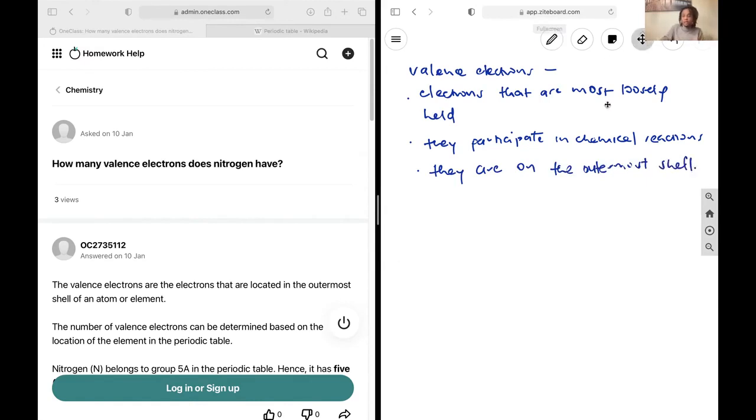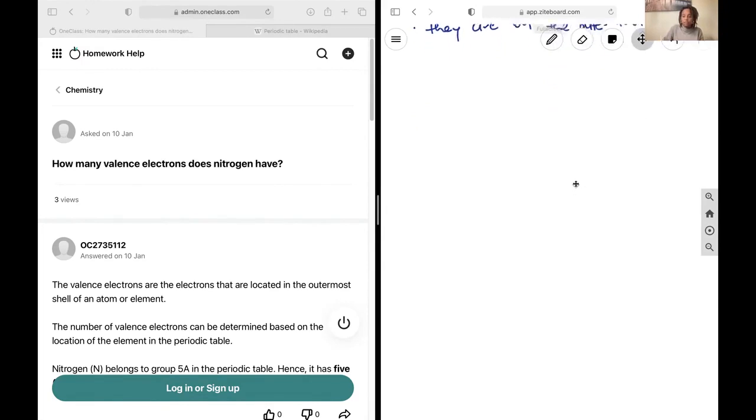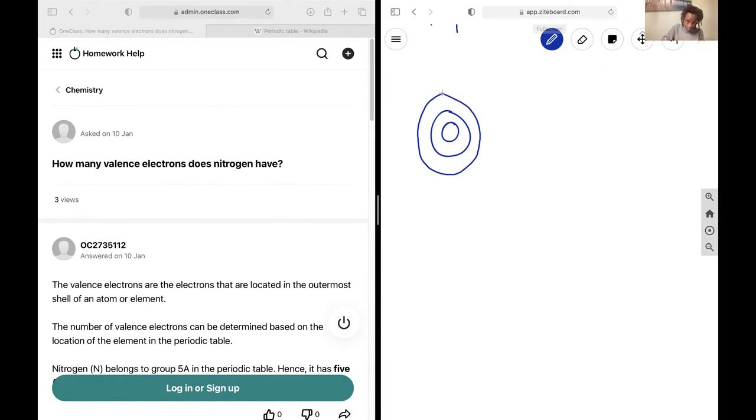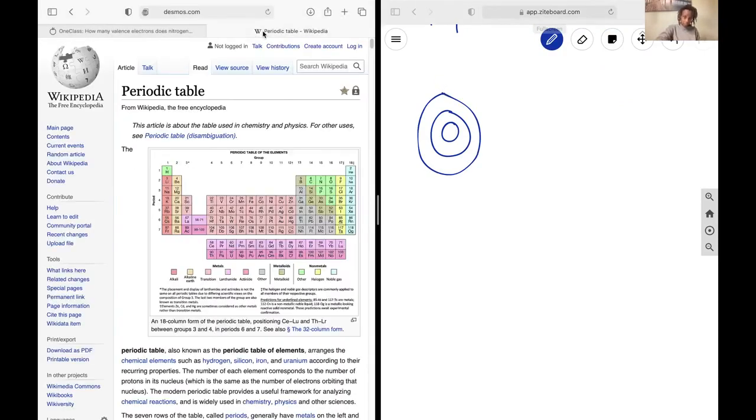So depending on what level of school you're at when you're asked this question, you might use the Bohr model. Let's say we are talking about aluminum, and we have 13 electrons.